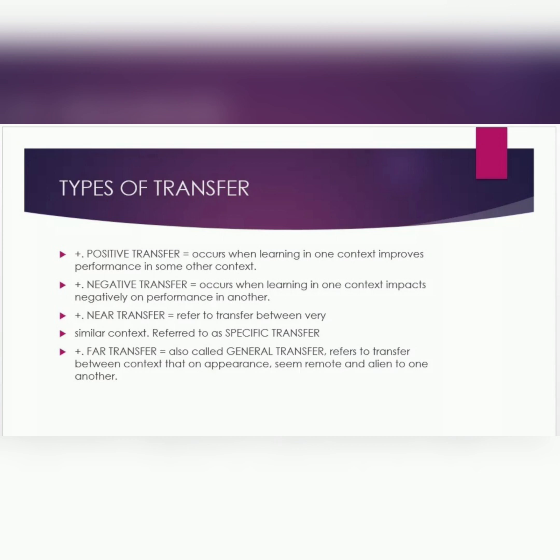Types of transfer. Positive transfer occurs when learning in one context improves performance in some other context. Negative transfer occurs when learning in one context impacts negatively on performance in another.